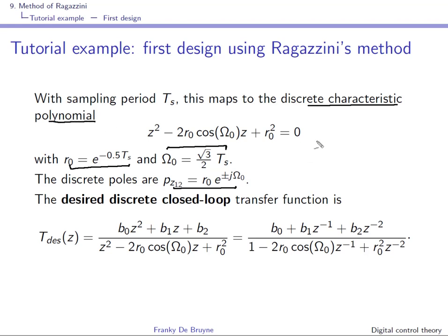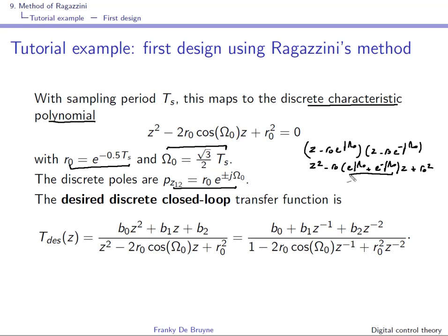characteristic polynomial, and it is z minus r0 exponential of j omega 0 times z minus r0 exponential of minus j omega 0. And if you compute this, what you'll have is z squared minus r0 times exponential of j omega 0 plus exponential of minus j omega 0 times z, plus this time r0 squared, right?